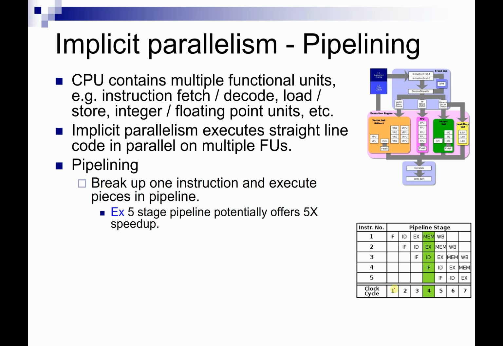On the first time step, we're going to take the first instruction and fetch it. That's going to use the instruction fetch unit. Now, on the second time step, you need to decode the first instruction. This is going to use a different unit on the processor, the decode unit.